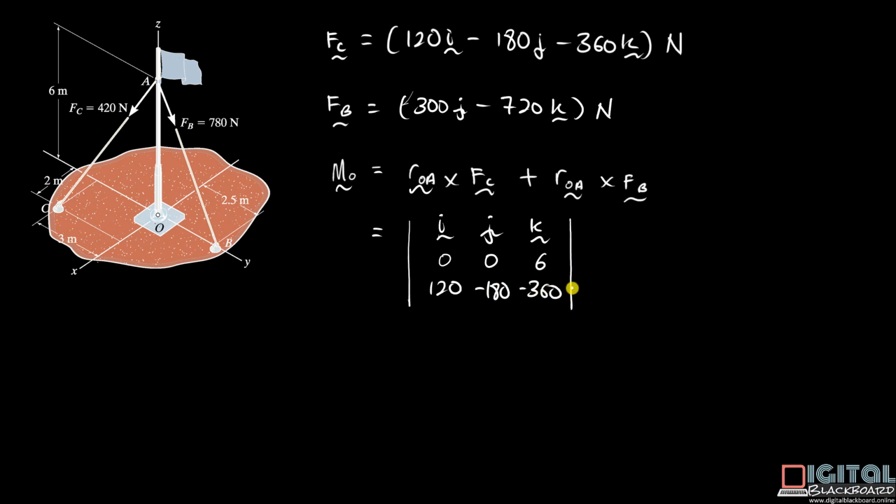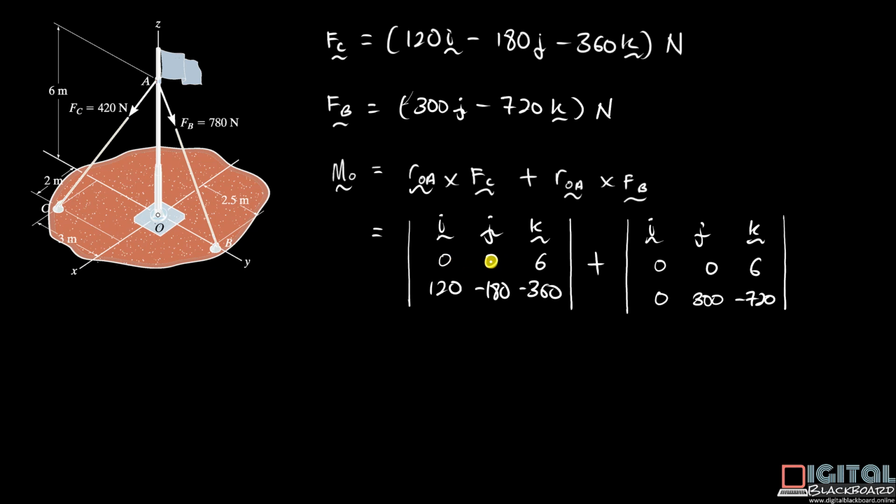And for the other cross product, we do likewise. ROA is still 0, 0, 6. FB is 0, 300, minus 720. In this case, you can also use a calculator to compute the determinant, but because both x and y components in the middle row are 0, so to compute this is really not that difficult.